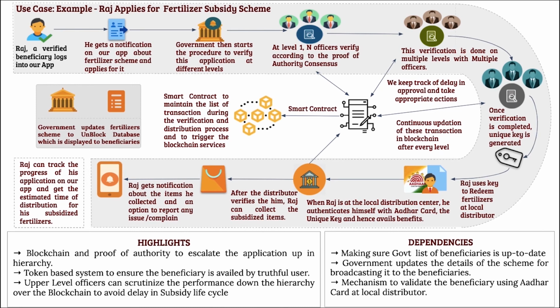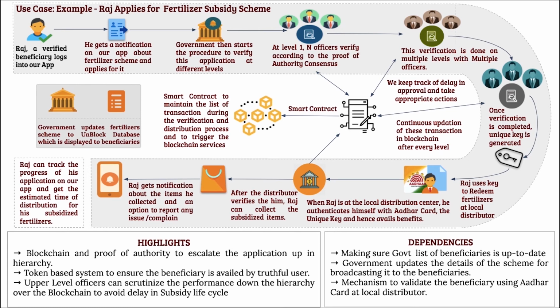So delay can be reduced at that stage by monitoring where it's taking a lot of time and so on. Once the verification is completed, a unique key is generated that is sent to the user. And all these transactions that take place are continuously updated at every level.